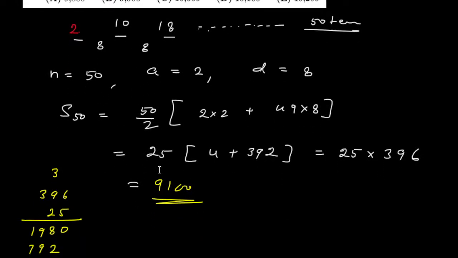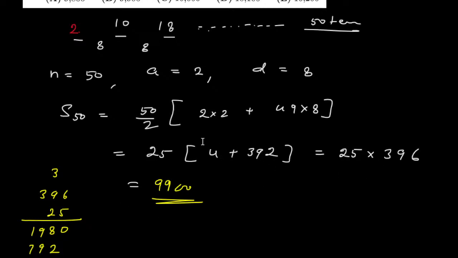Then 50 divided by 2 into 2a4 plus n minus 1, 49 times 8. Okay, let us use the calculator here. So 4 plus 49 times 8, that is 396, multiplied by 50 divided by 2. 9900. Okay, so I made some calculation mistake, I think.